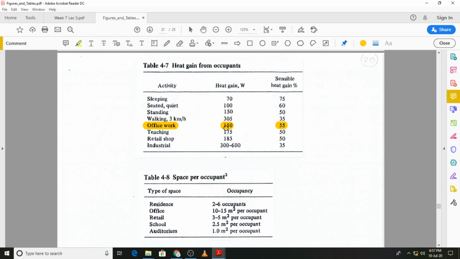The next thing that we need is the cooling load factor, and that is obtained from table 4-9. So I will move on to that table as well and read the value of CLF, and then we will go back to the solution to work out the total heat load or the heat gain due to occupancy.